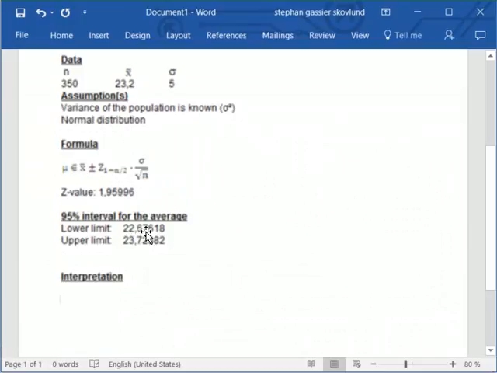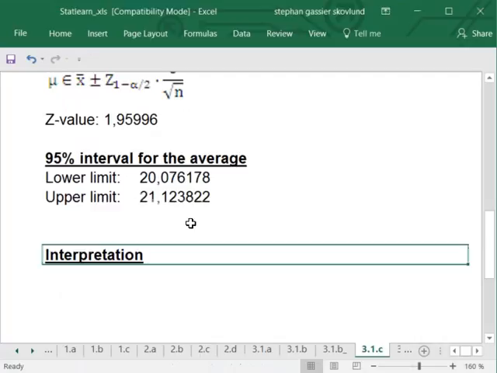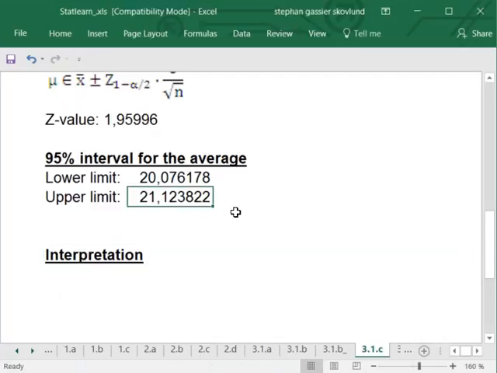That is the lower limit of the average age of men. Still, that lower limit is higher than the upper limit for women. So that tells us that the lowest possible value of the average age of men is higher than the highest possible average value of women.